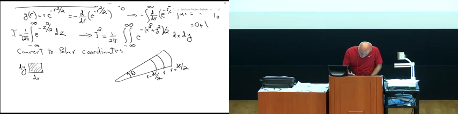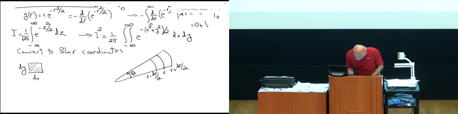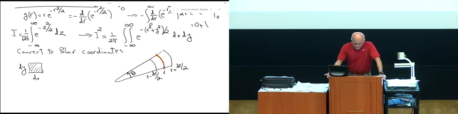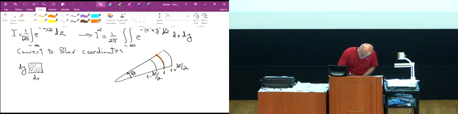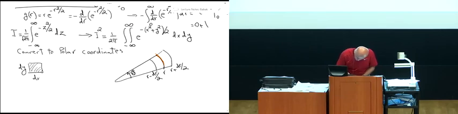Can somebody tell me what this arc length would be? Let's pick red. What is this arc length here? Oh, I'm sorry. This is not theta here. This is d theta.